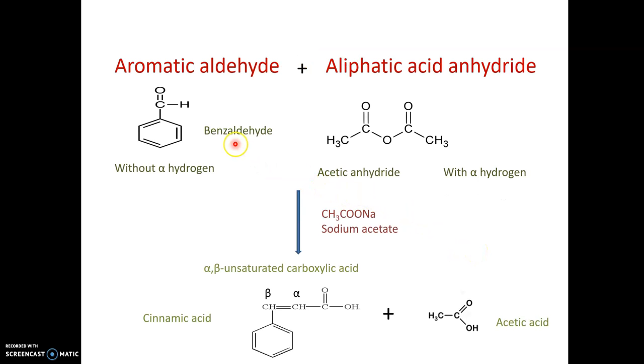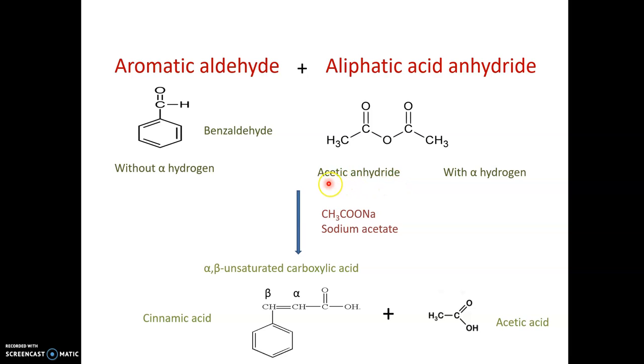So let us learn the Perkin reaction in detail. Here we are going to take an aromatic aldehyde, and the aromatic aldehyde employed in the Perkin reaction is benzaldehyde. It is going to react with an aliphatic acid anhydride, here acetic anhydride.